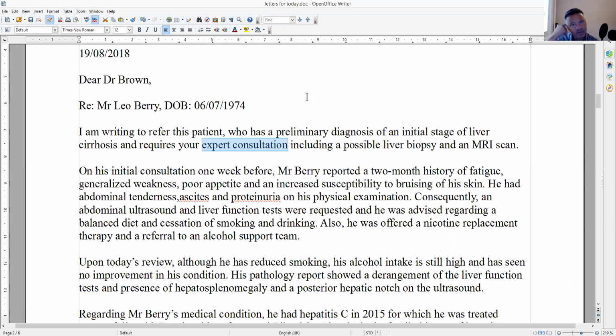Usually you consult the consultant. So you send the patient to the consultant for assessment. So I'm writing to request your assessment or your consultation, or I would like you to arrange a consultation of Mr. Berry, who has, etc.